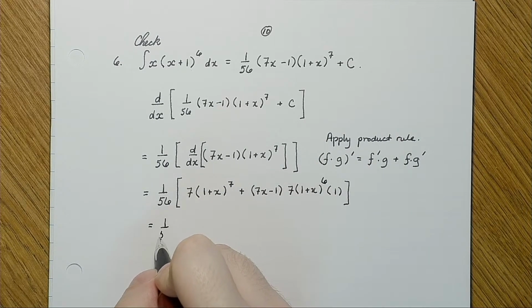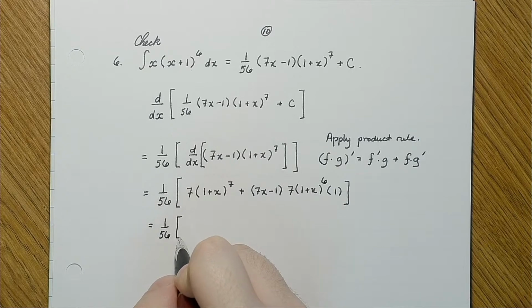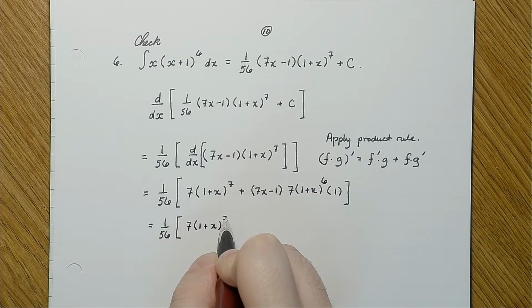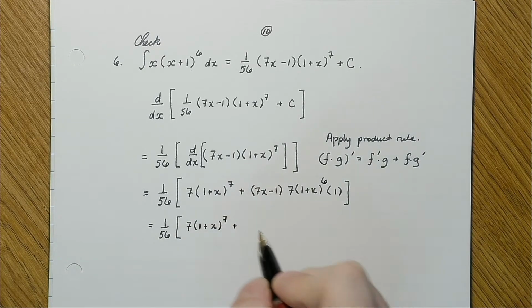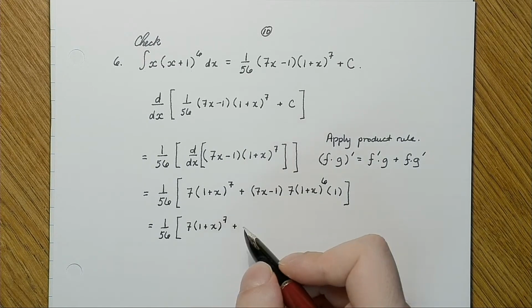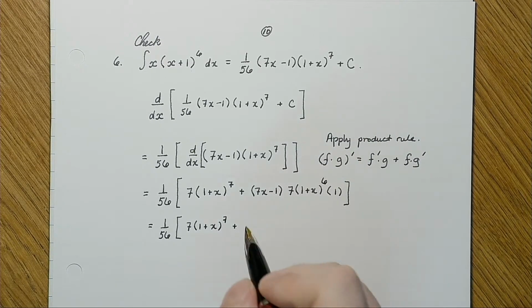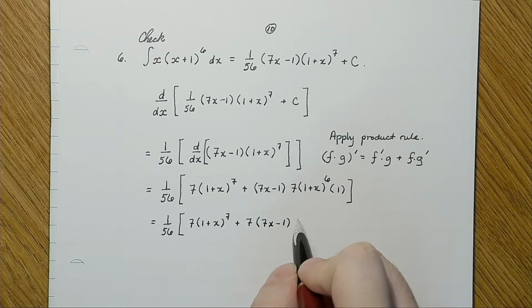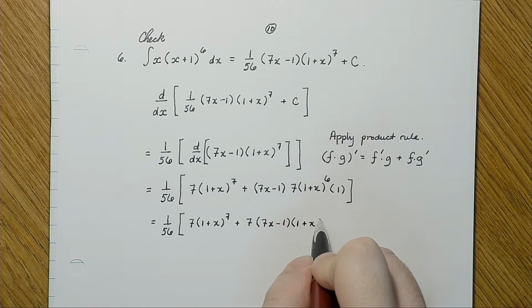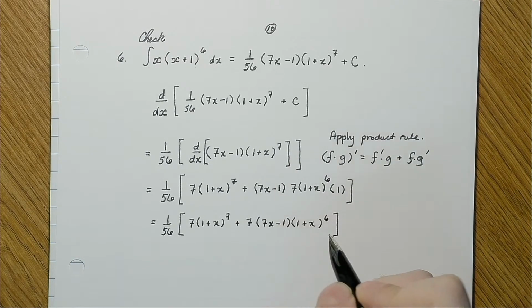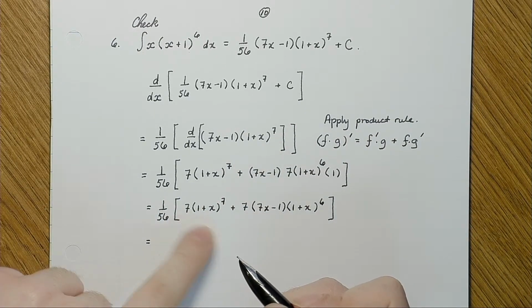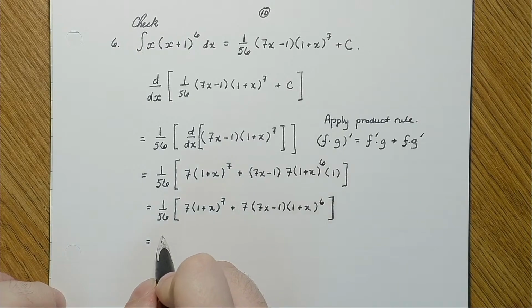So let me just clean this up. I think I'll leave that 7. Sorry, maybe I didn't have to do so much here. So I see that I have a 7 and a 7, so I'll bring that out in front. So I have 7 over 56.